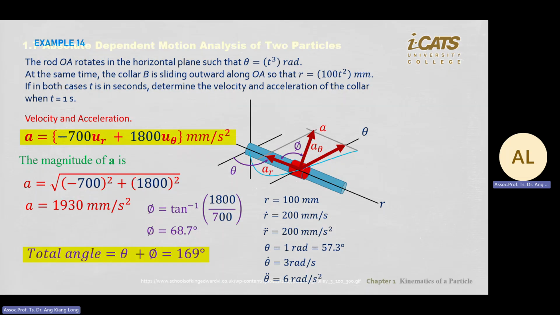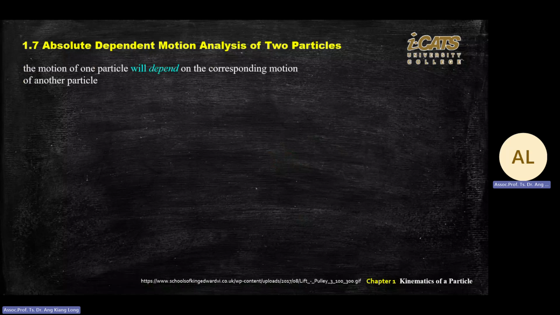Now we move on to absolute dependent motion analysis of two particles. Just now, in all the questions we looked at one object only. Now we look at two objects. When two objects are moving, there is a changing of distance and velocity. And this kind of question is usually asked to avoid collision.